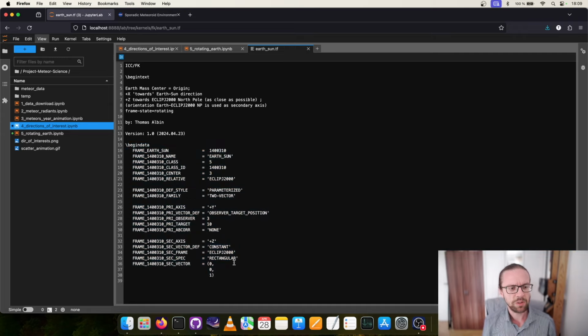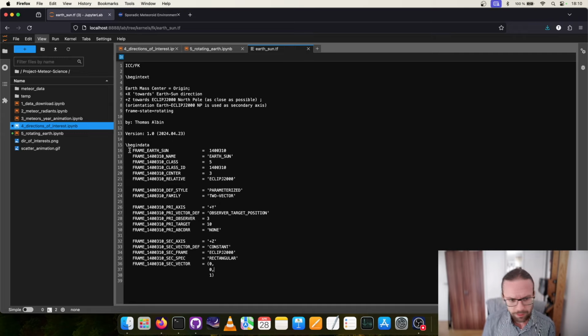Now in SPICE we have the Earth, which has an abbreviation called EARTH or 399. We have the Sun, which has the number 10. We have the barycenter of the solar system, which has the number 0. If you don't know all about this stuff, in my general tutorials I covered some things about SPICE and also the kernels, but let's have a look here.